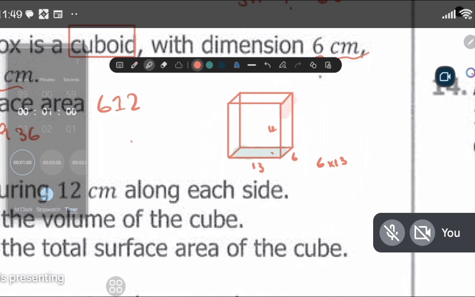What about this one? This one is 12 by 6. What about the one in front? 12 by 13. Okay.